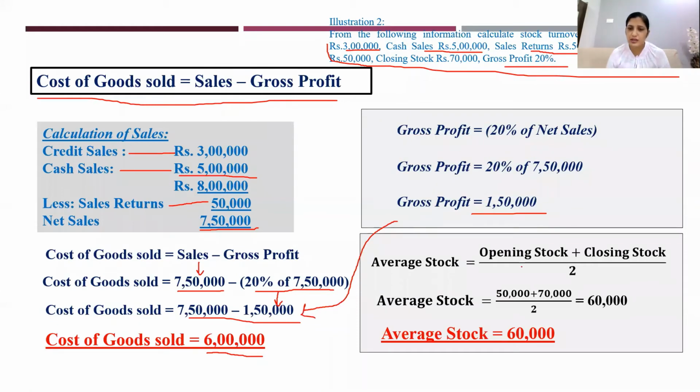Now average stock is opening stock plus closing stock divided by 2. So we have opening stock 50,000, closing stock 70,000. So 50 plus 70 divided by 2 is 60,000. This is our average stock. Clear about this? Take down this part clearly.